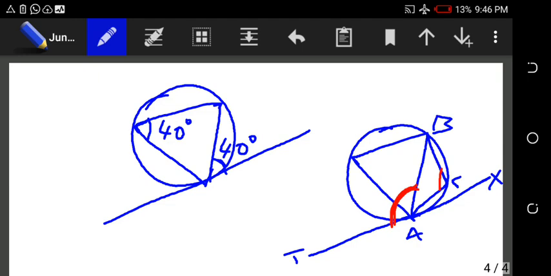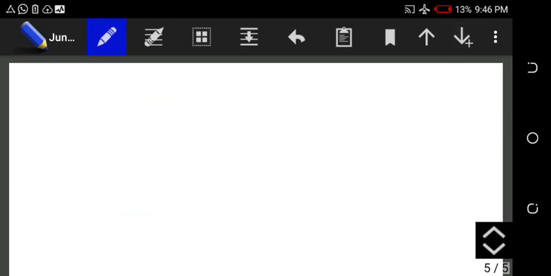Alright, let's look at some other examples, solve some problems and see how questions can come that will need us to use this theorem. So let me go ahead and make a drawing first of all.